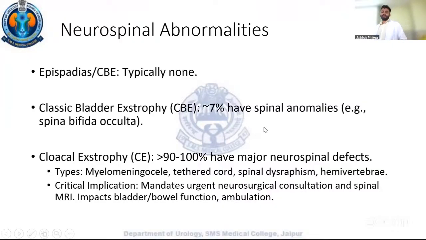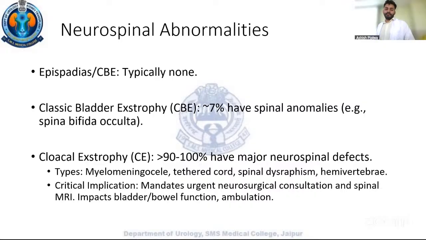Neurospinal anomalies: in epispadias and classical bladder exstrophy, there is a lower incidence. In classical bladder exstrophy, approximately 7% of cases may have spinal anomalies, for example spina bifida occulta. And in cloacal exstrophy, 90 to 100% of cases have major neurospinal defects, which include myelomeningocele, tethered cord, spinal dysraphism, and hemivertebrae.